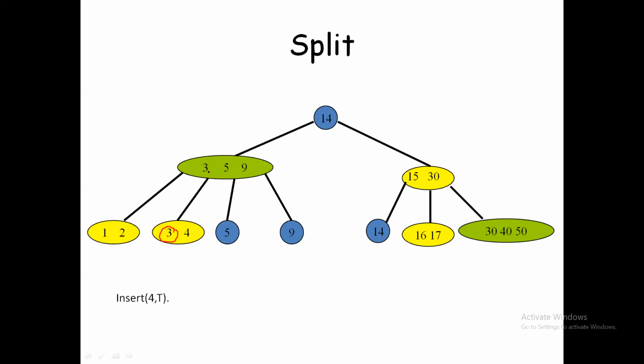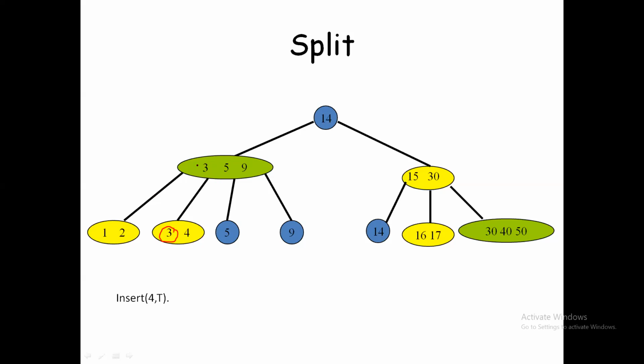So what does this mean here? We know why I am splitting the key and making 3 here: whenever an element comes lesser than 3, it will be placed towards the first child. And the second child represents 3 and the elements greater than 3, that is, greater than 3 and lesser than 5.